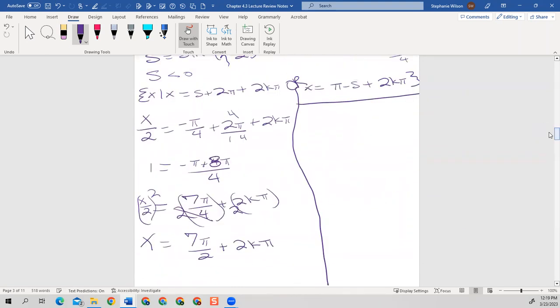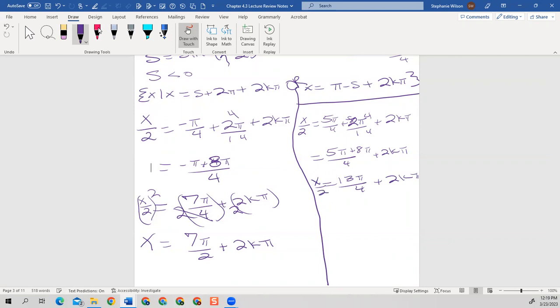Okay. Let's rewrite it. Two pi. My apologies. My computer is acting up. All right. Now 13 pi over 4 plus 2k pi.